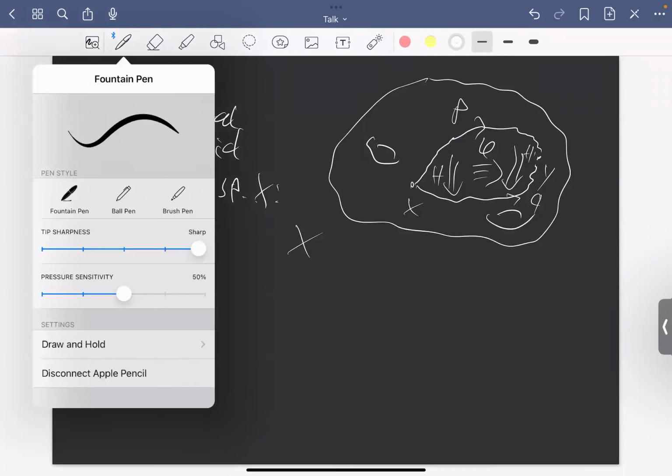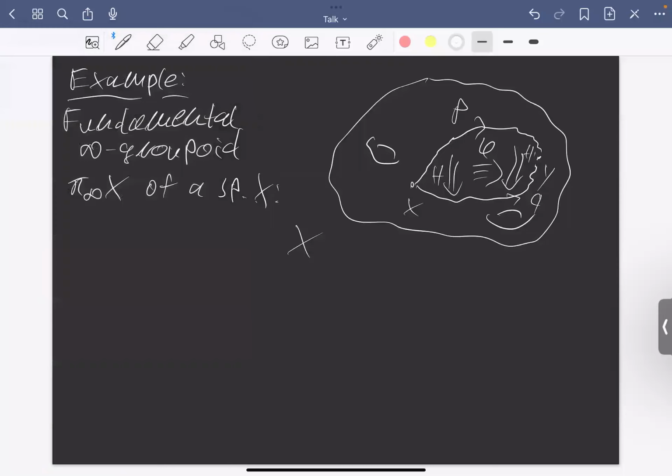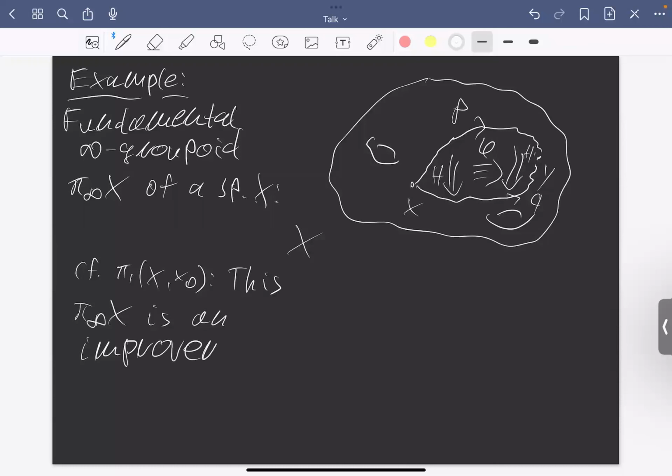And if you think about this kind of lower dimensional version of it, so compare, for instance, with the fundamental group with respect to a base point, this structure is an improvement of that one-dimensional structure, because first of all, it carries significantly more information because it doesn't just see the loops, but it also sees the higher dimensional homotopies.